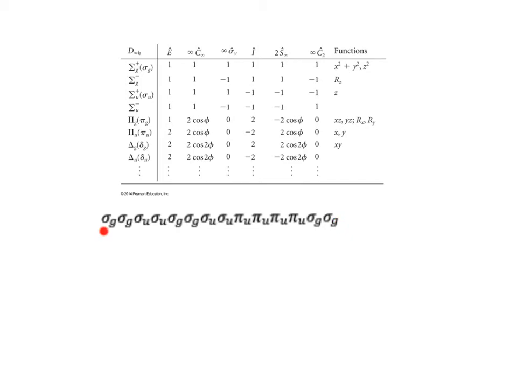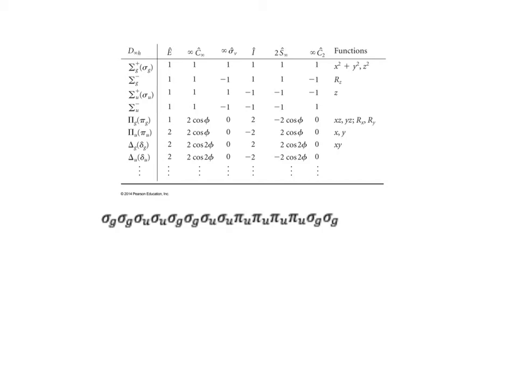And so we need to take a direct product of all of these, and we can see that the sigma g is completely symmetric. The sigma u is symmetric with respect to the principal rotation axis and the vertical planes, and anti-symmetric with respect to inversion, the improper rotation, and the C2 rotation axes.